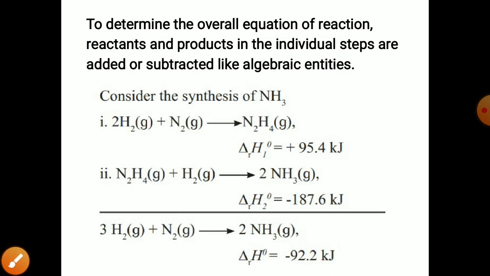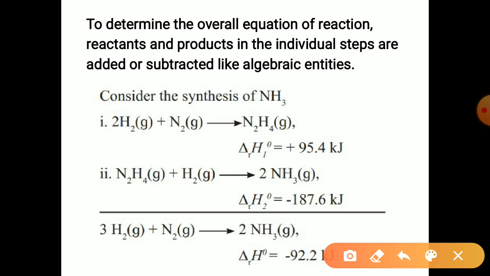It means that while obtaining the chemical equation for the overall reaction, you can add or subtract the individual steps of that reaction. You can give any algebraic treatment to the individual steps of that reaction.